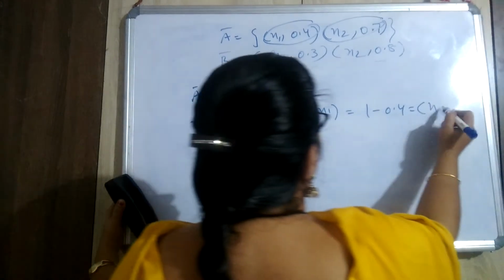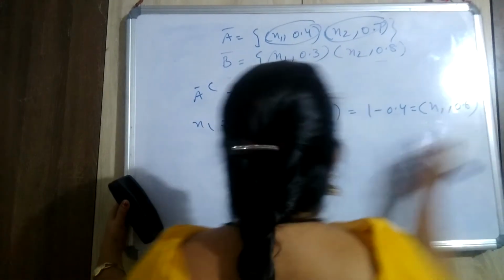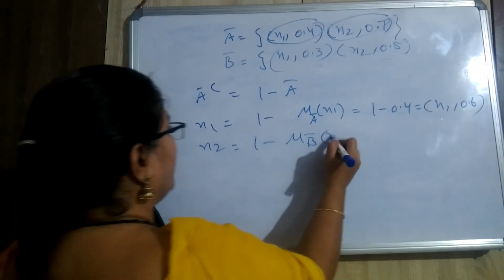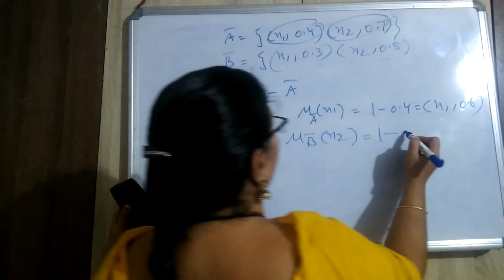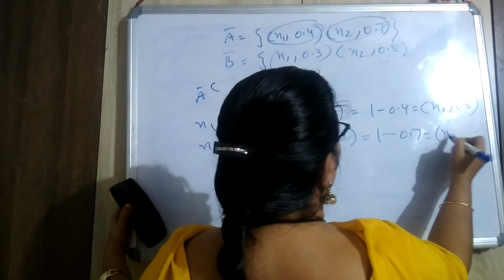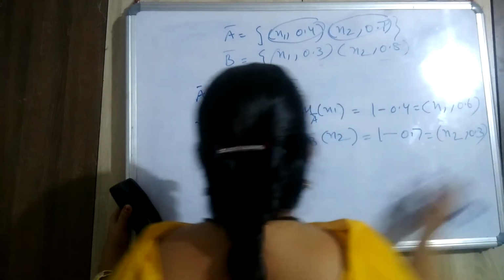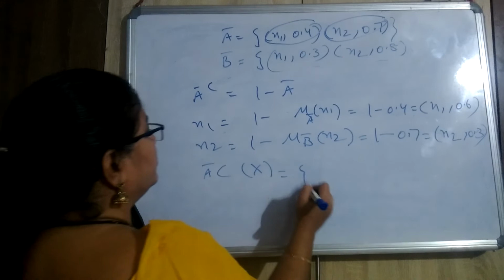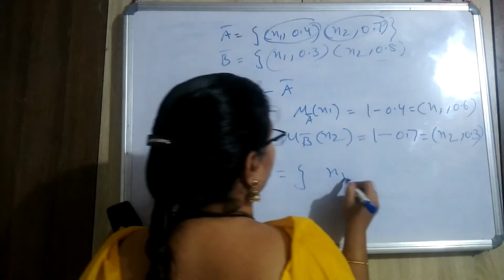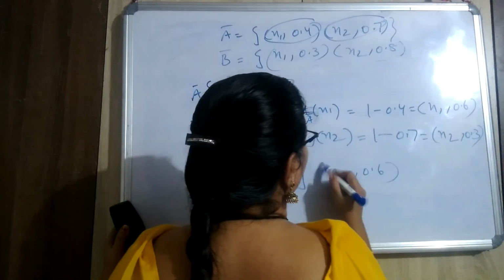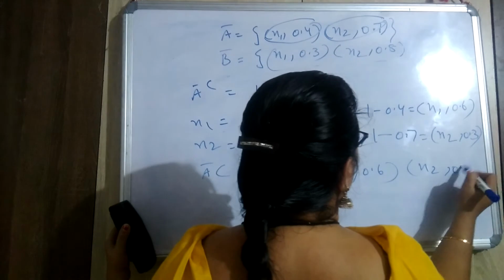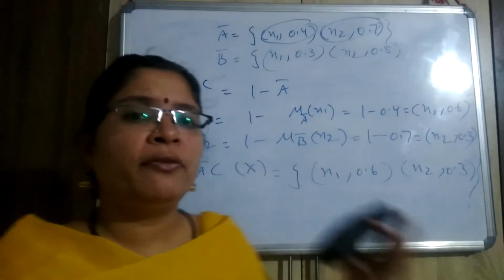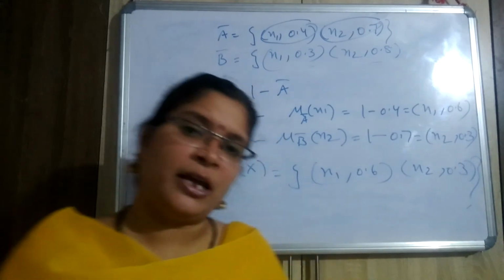That is equal to x1 comma 0.6. In the same manner, x2, 1 minus mu A bar of x2. That is equal to 1 minus 0.7. That is equal to x2 comma 0.3. So what is the A complement now? At x is equal to x1 comma 0.6 and x2 comma 0.3. In this way we can define the complement, and this complement already we have seen in our previous class also.